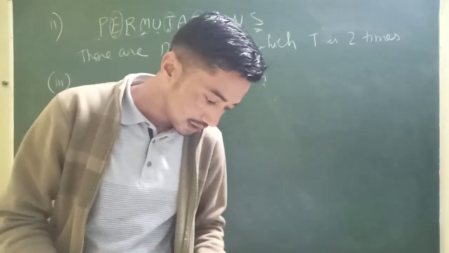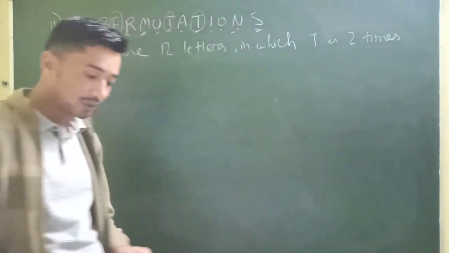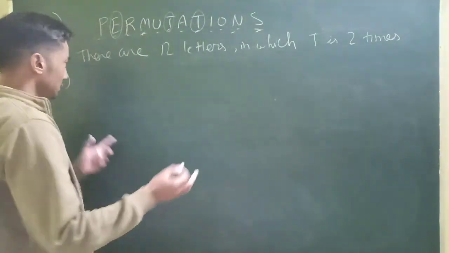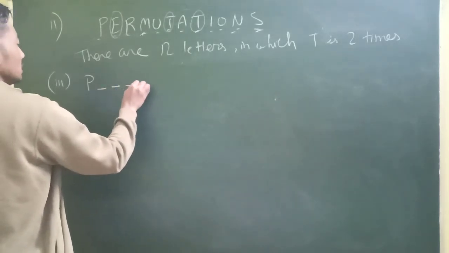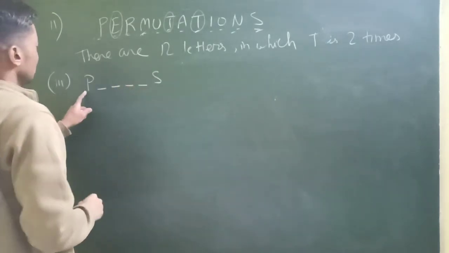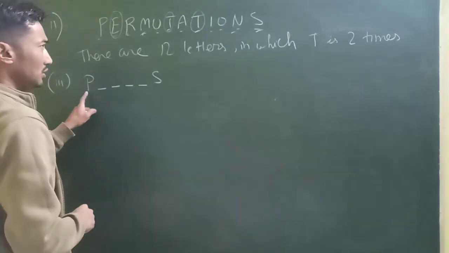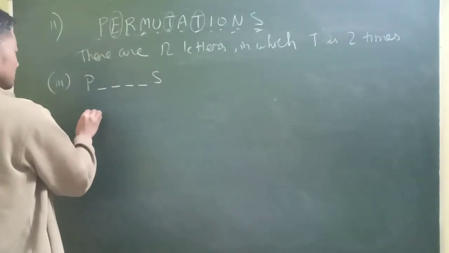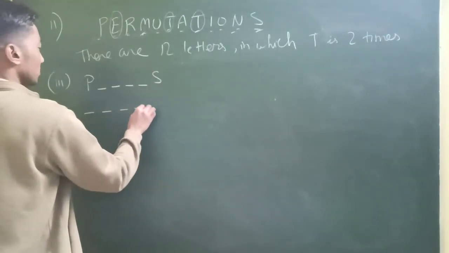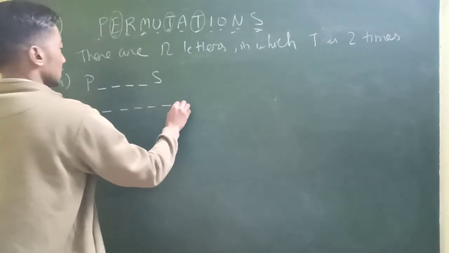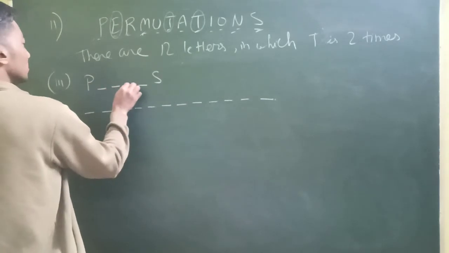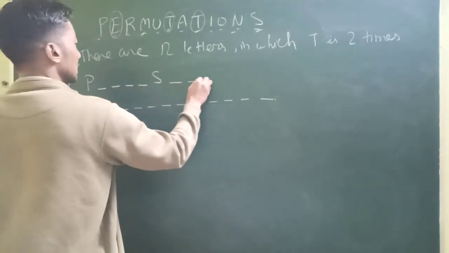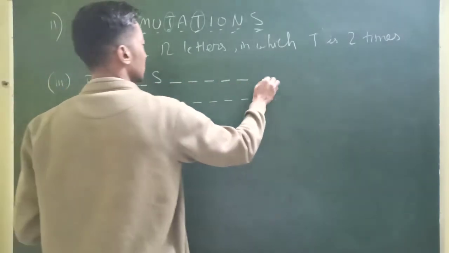The last one says there are always 4 letters between P and S. Chalo, if we start with P, 1, 2, 3, 4, S. So how many letters do we have? 12 letters, no? So let me just write down 1, 2, 3, 4, 5, 6, 7, 8, 9, 10, 11, 12.